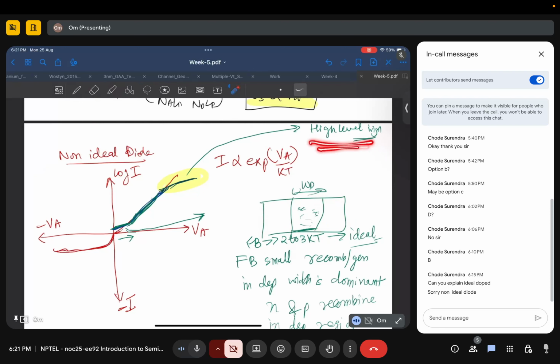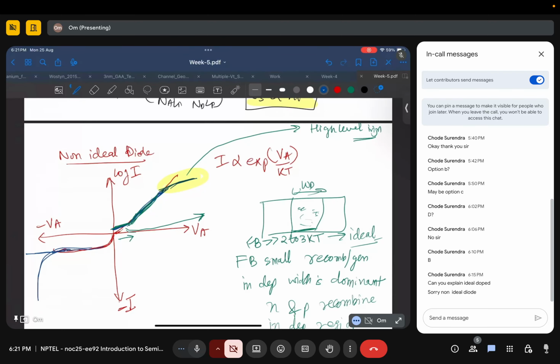Due to high level injection, there is a much larger current here, and this large current causes a large IR drop. So due to this, instead of increasing exponentially, there is some change in the characteristic, and actually it is now quadratic in nature. Similarly, the non-ideality in reverse bias: it does not remain constant like this.